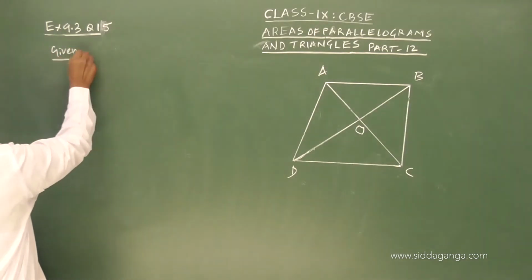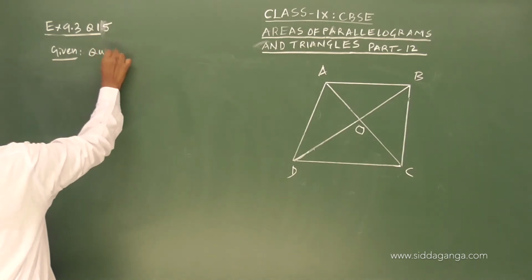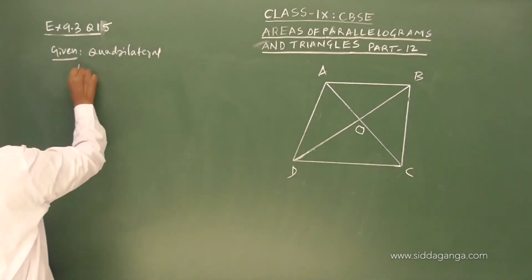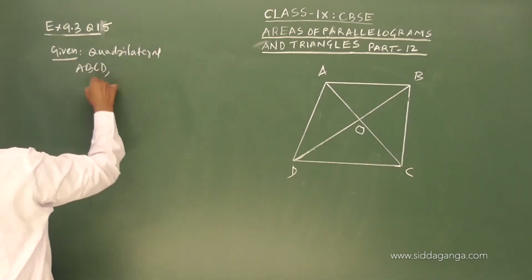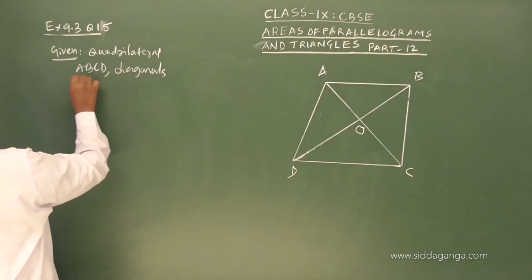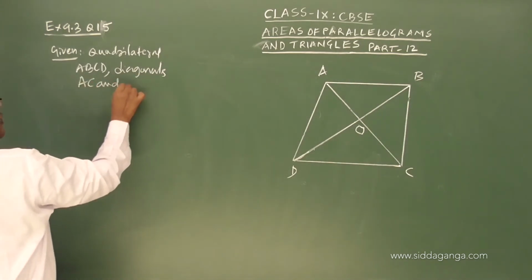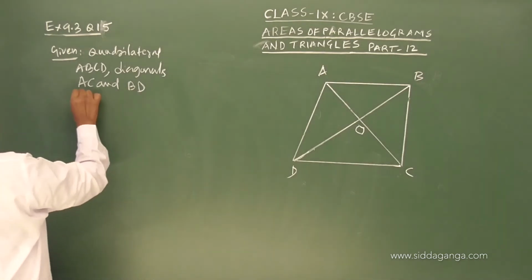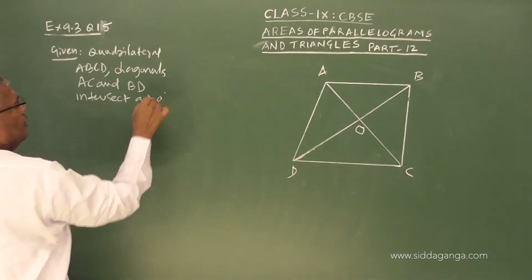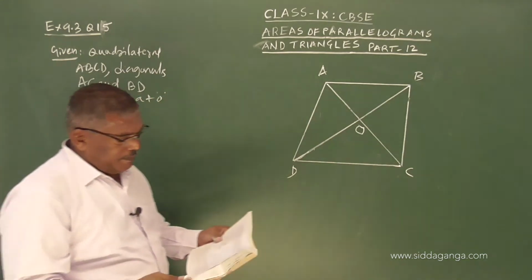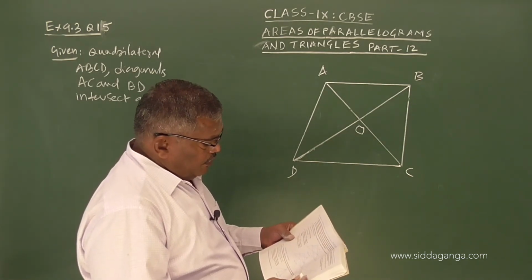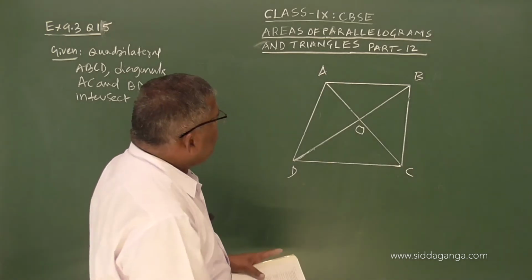Given quadrilateral ABCD, diagonals AC and BD intersect at O in such a way that area AOD equals area BOC.